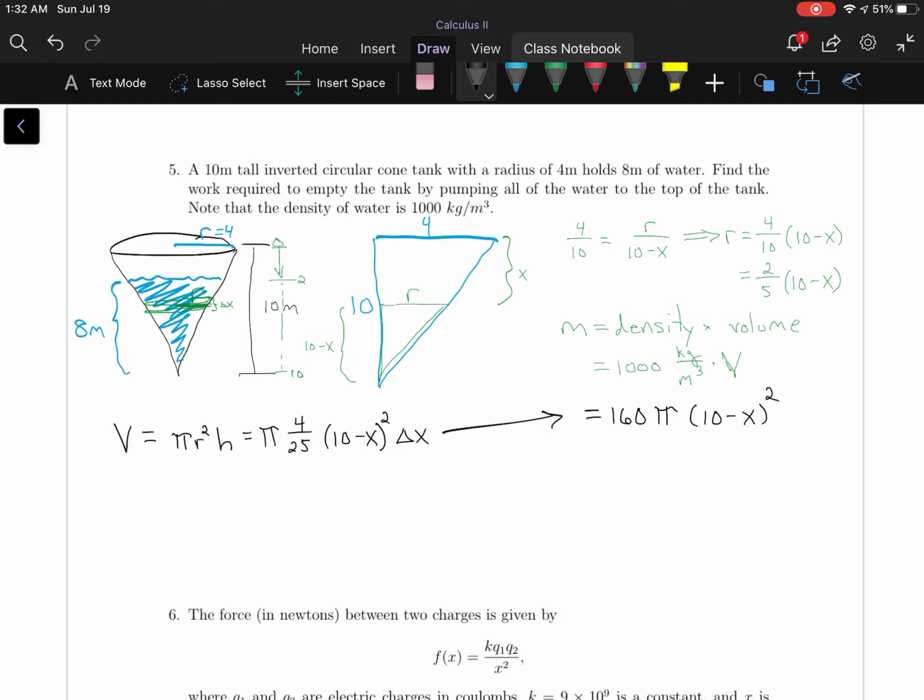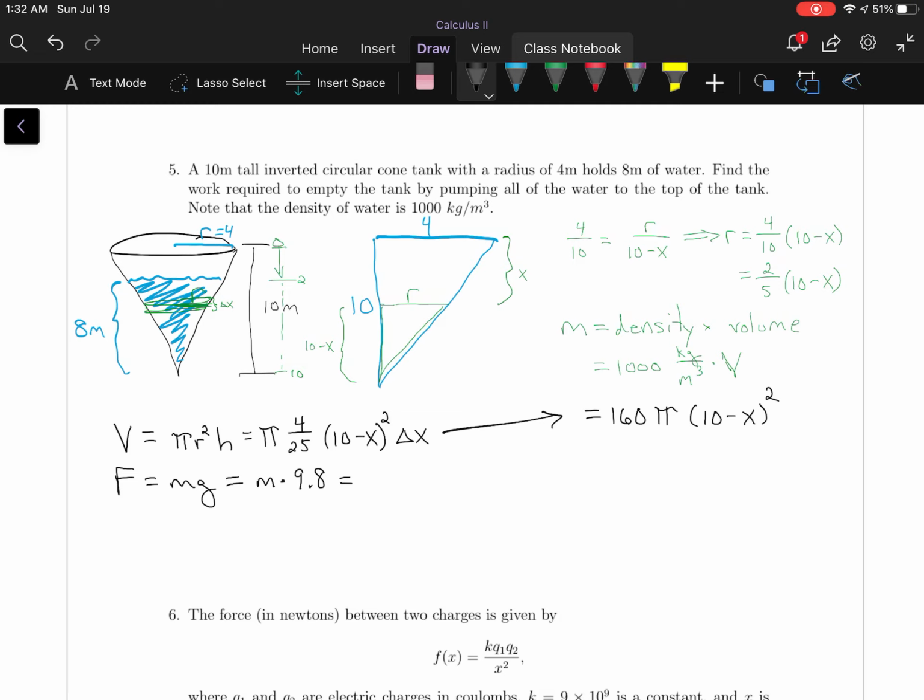We know that in order to pump or push the water up, that's going to have to battle gravity. So we have that F equals mg, where m is what we just found, and g is 9.8 meters per second squared.